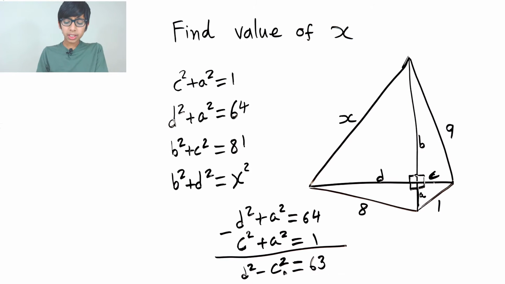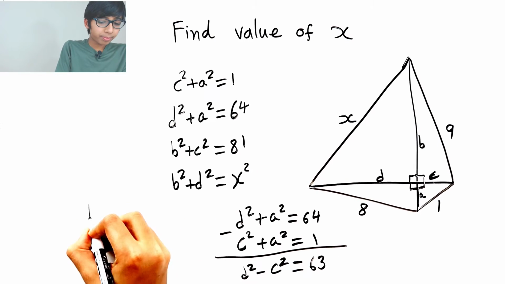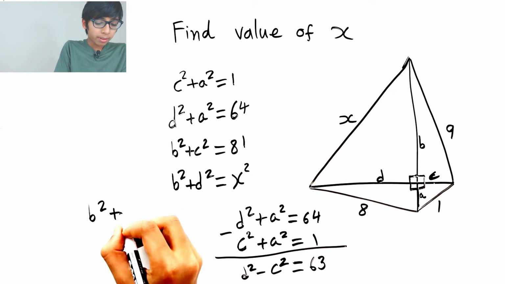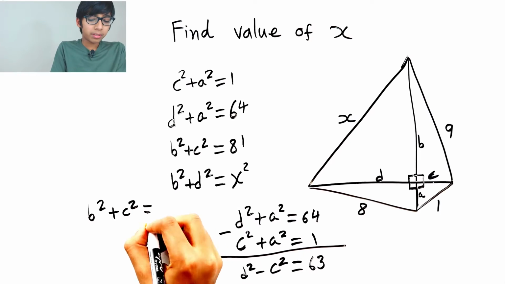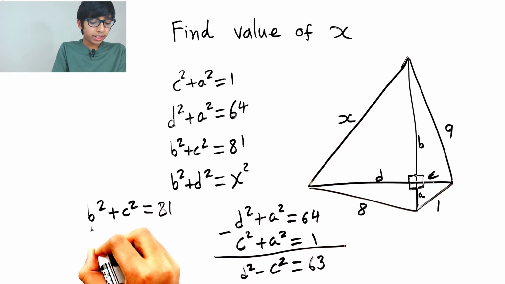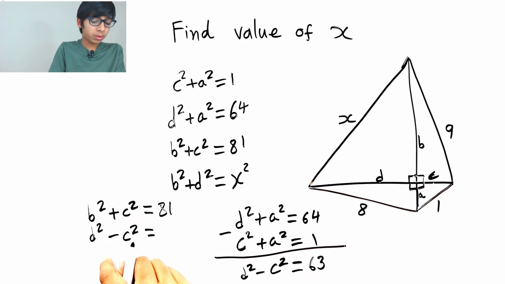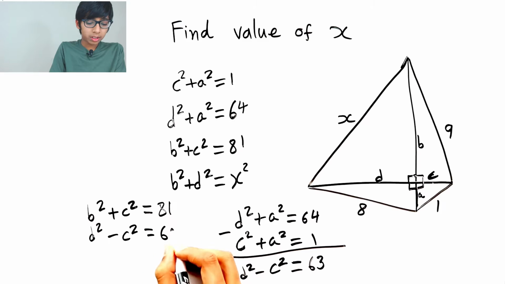Now let's look at an equation with c squared. This equation has c squared. So let's write both these equations: b squared plus c squared equals 81, and d squared minus c squared equals 63.